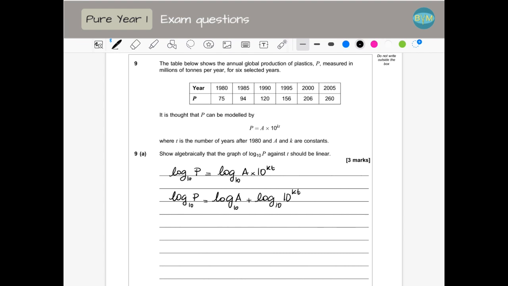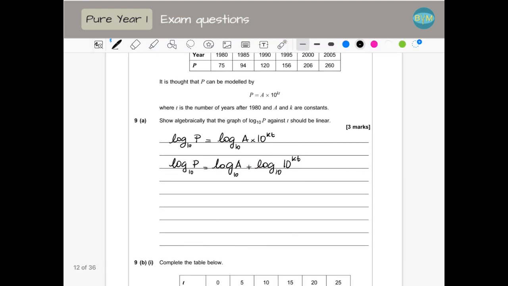And then here I have a power, so I can write it at the front. So this is going to be log to the base 10 of P equals log to the base 10 of A, plus KT log to the base 10 of 10. I know this is 1, so the last thing I can do is write: log to the base 10 of P is log to the base 10 of A plus KT.